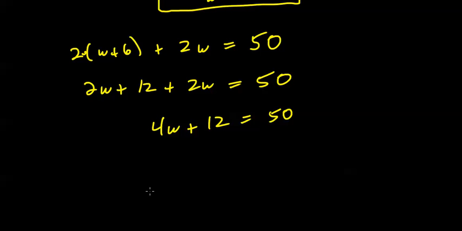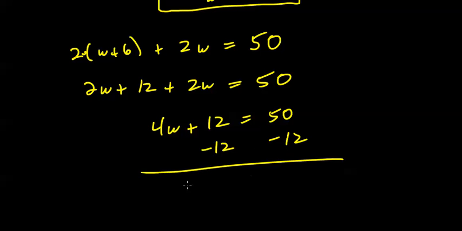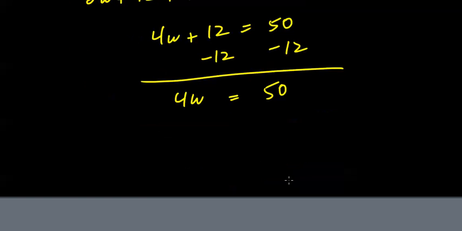Now that I've completely simplified both sides of the equation, I'm going to divide. Hang on a minute, I got turned around there. I'm going to subtract 12 from both sides and then divide by 4. So 4W equals 38. If I divide both sides by 4, well, 38 over 4, the book tells us, is 9.5 feet.